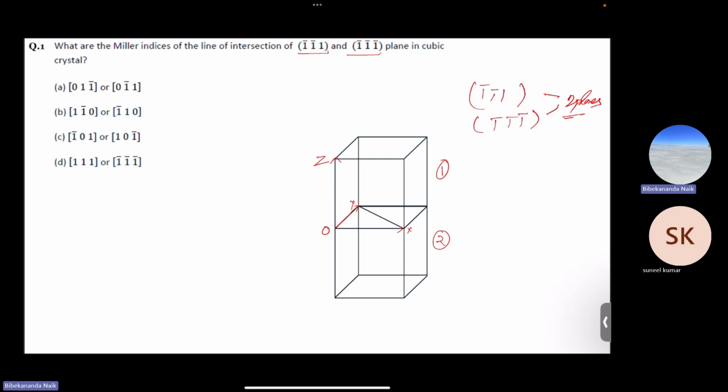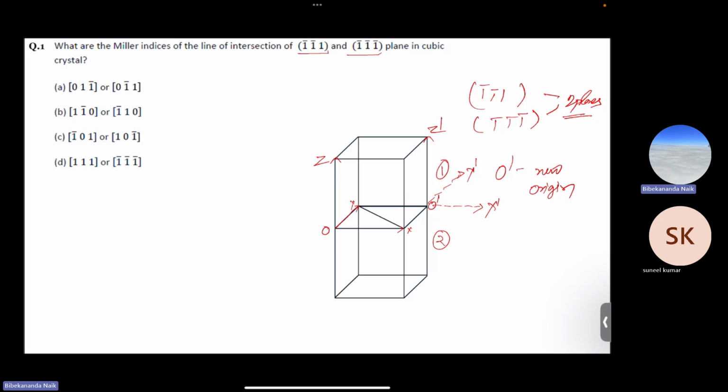Suppose we shift the origin to here. So this O prime is our new origin. Then accordingly, this will be X, this will be Y, and this will be Z. So we can name them X prime, Y prime, and Z prime.